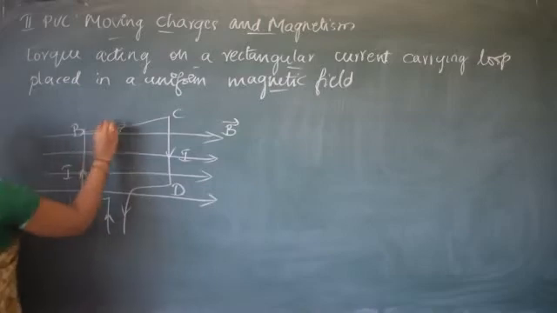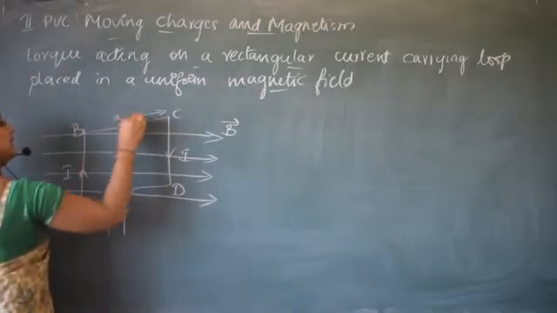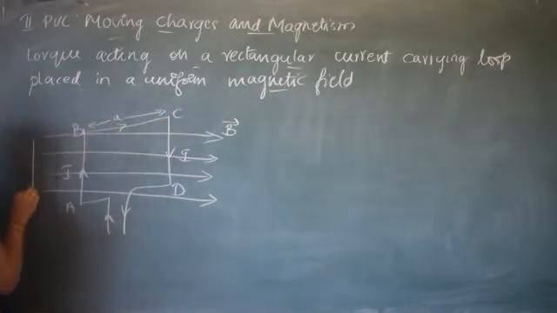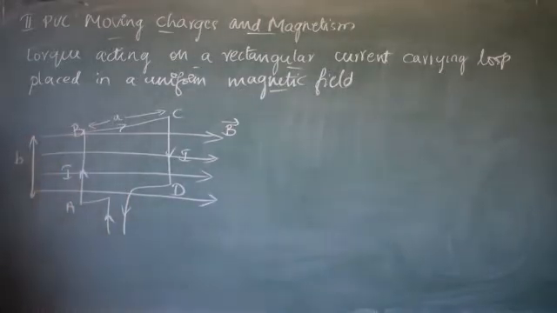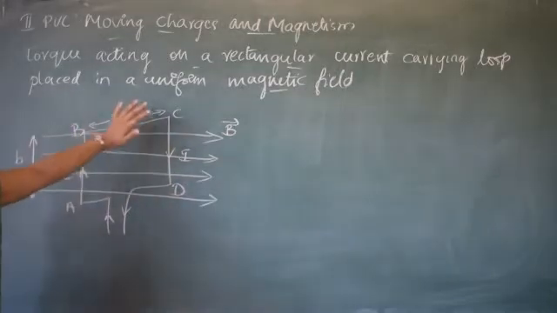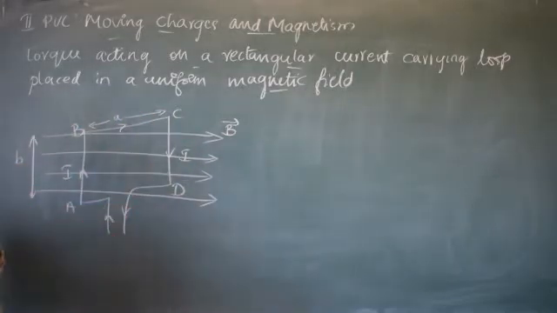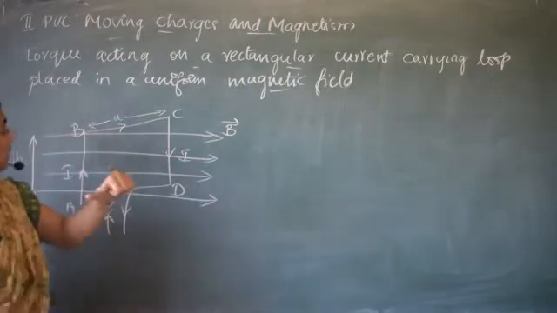Let a be the length and b be the breadth of the coil. Let n be the normal drawn to the surface or plane which is carrying the rectangular coil. So the normal drawn is outside.